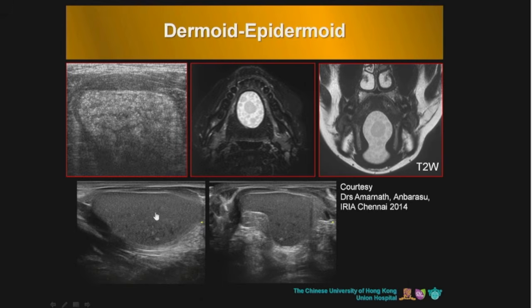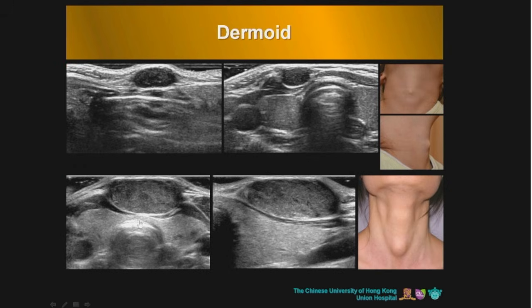You're not using Doppler for vascularity, you're using Doppler for its power. The moment you put Doppler through it, this debris starts to move underneath that Doppler energy. So you can just turn on the Doppler and you will see this debris moving. So please remember, cysts in the head and neck are not necessarily anechoic, thin wall with posterior enhancement.